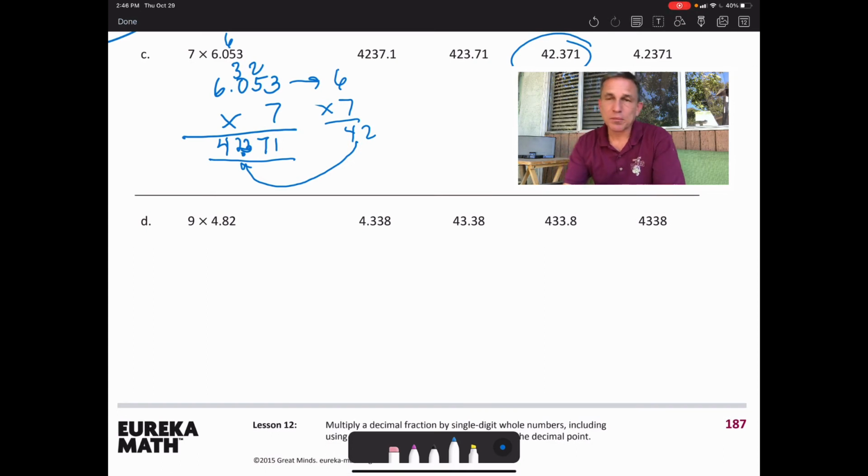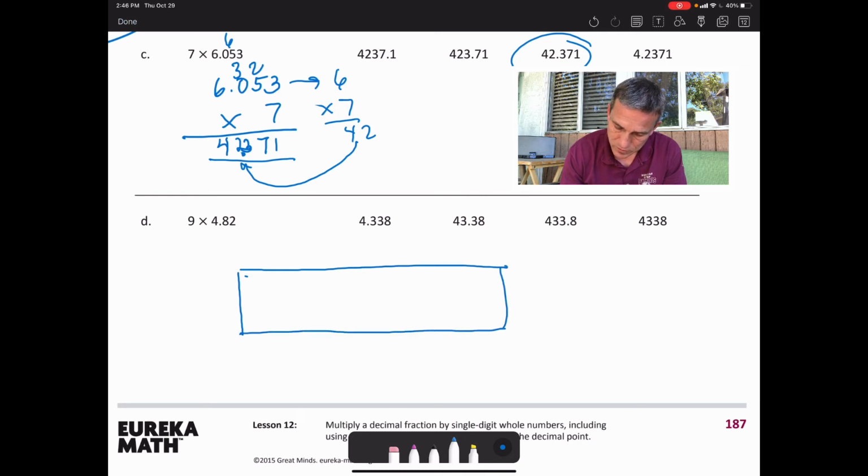And then for the last problem, we're going to go ahead and use the area model. I see I have 3 place values for my decimal, so I'm going to put 3 partitions. And I have 4 ones, 8 tenths, and 2 hundredths.